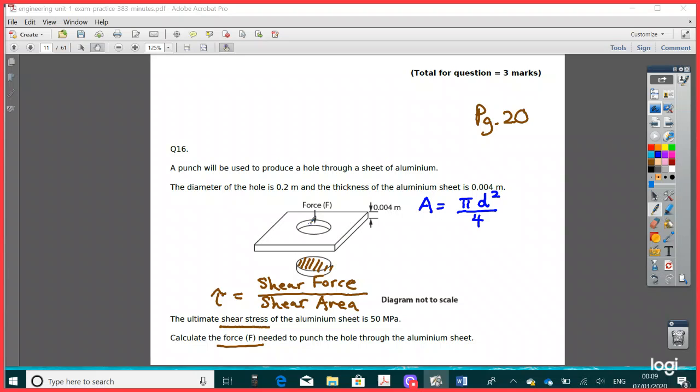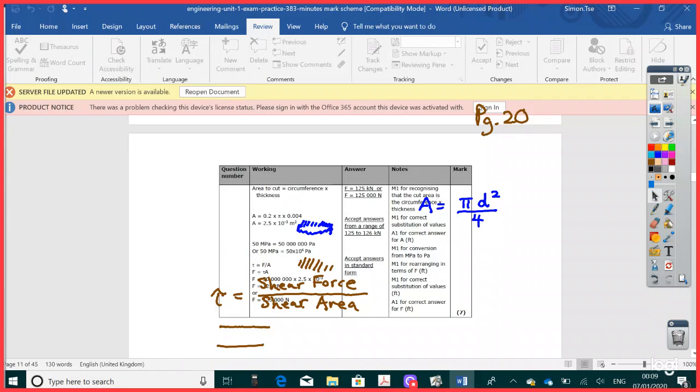So what I should be working out is not this. The shear area is the area around this. So let's just double check this. Circumference times thickness. Yes, it is.